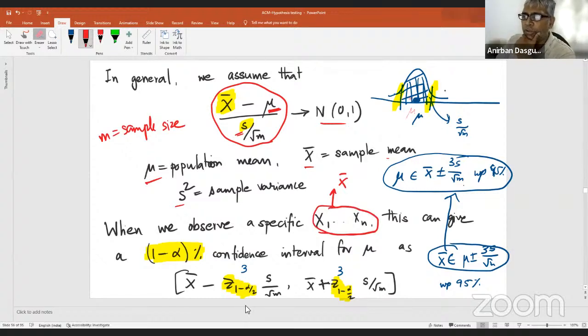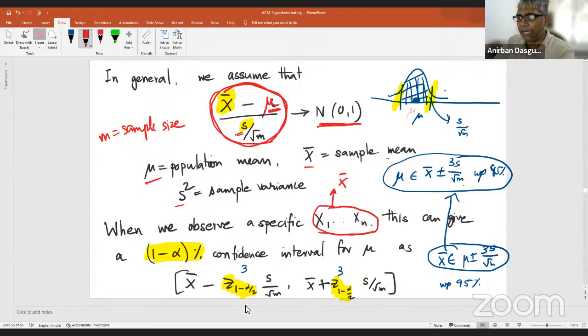Now, as I mentioned, you know that this variable under H0 should have the mean mu, and should follow the central limit theorem.